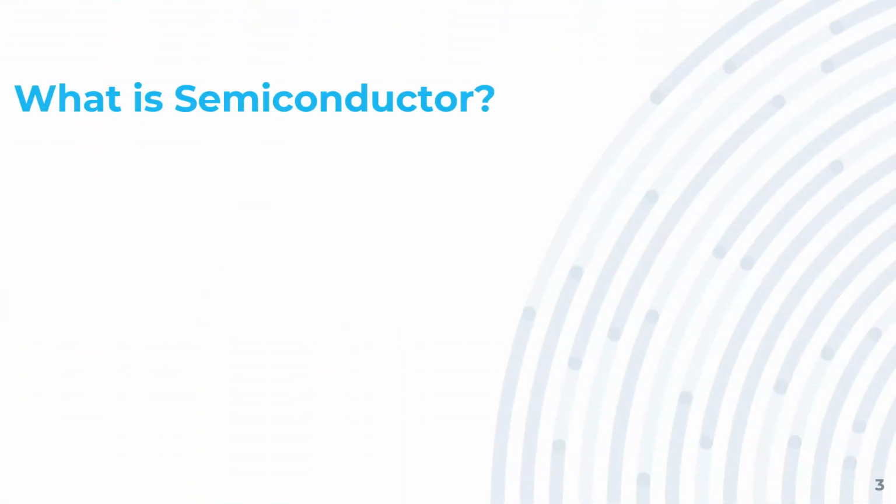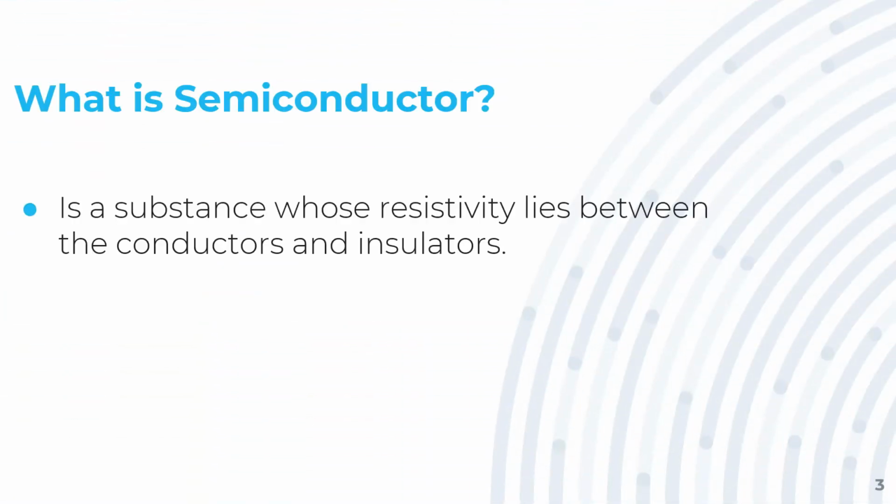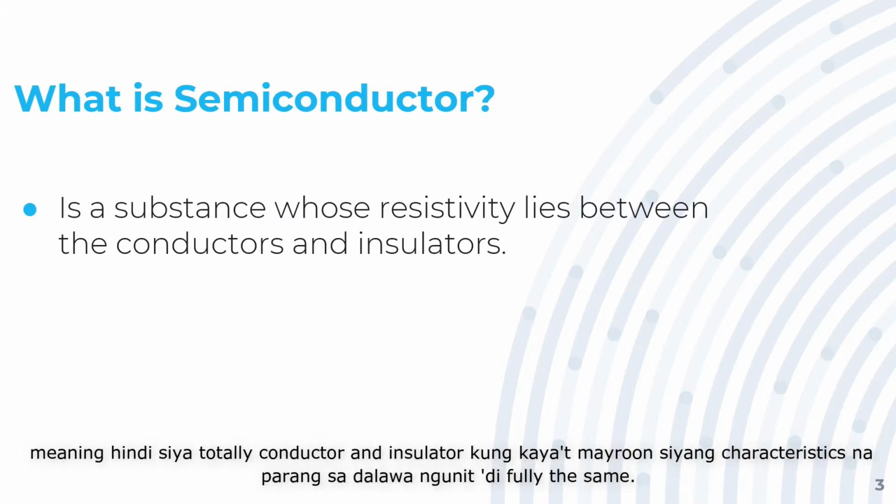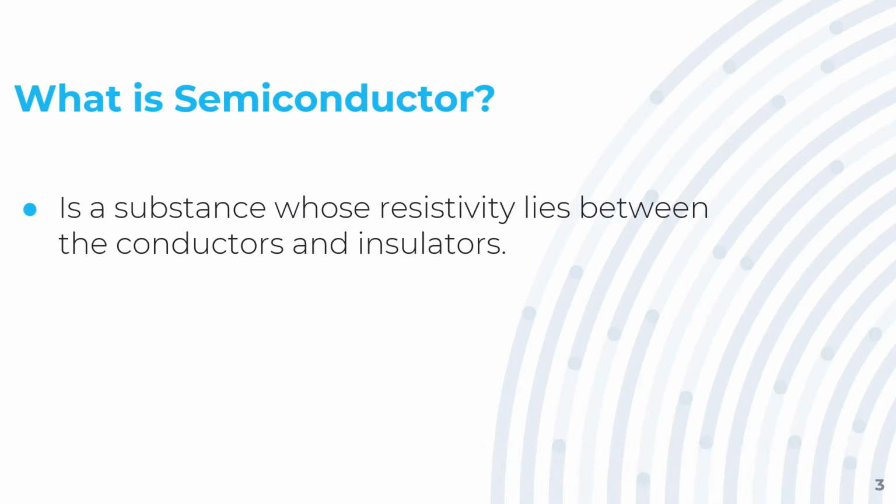What is semiconductor? Semiconductor is a substance whose resistivity lies between the conductors and insulators, meaning hindi siya totally conductor and insulator, kaya't meron siyang characteristics na parang sa dalawa, ngunit di fully the same.